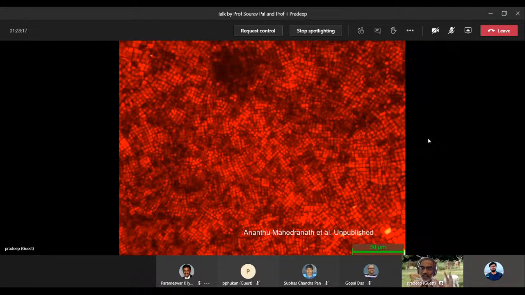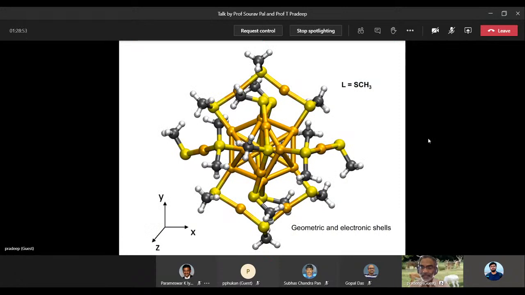All of these are used to mix with this gold salt, and a reducing agent is added under appropriate conditions. You create clusters. Sometimes you, of course, make several other clusters, not only one cluster, and you apply purification, just like organic chemistry, and you separate these on liquid chromatography and get several clusters. You characterize them, purify them, put them into the NMR, apart from mass spec and several other tools.